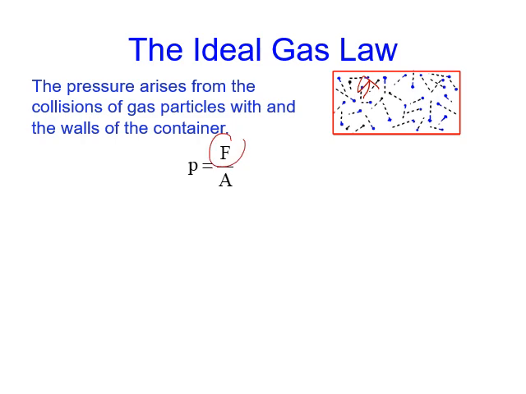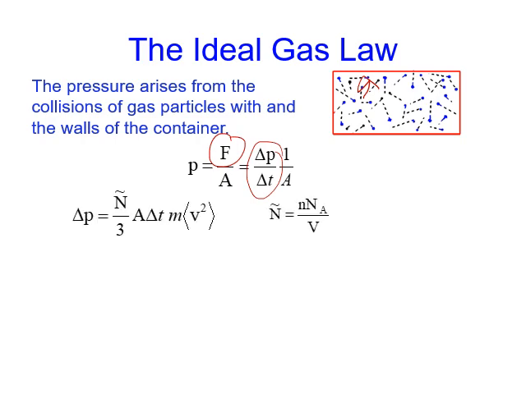The force is due to the collision of the molecules with the wall, and we showed that the force is momentum change over time. And in the last slides we showed the total momentum change is the number density divided by 3 times area times the time interval times mass times mean square speed.